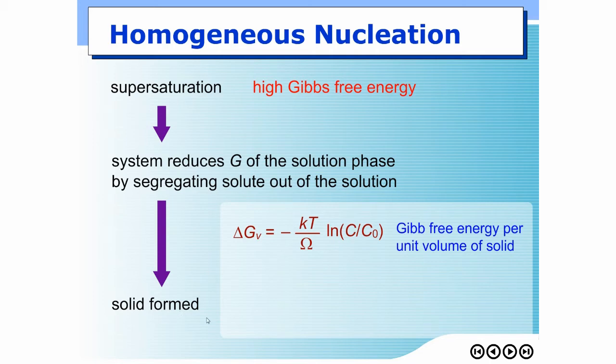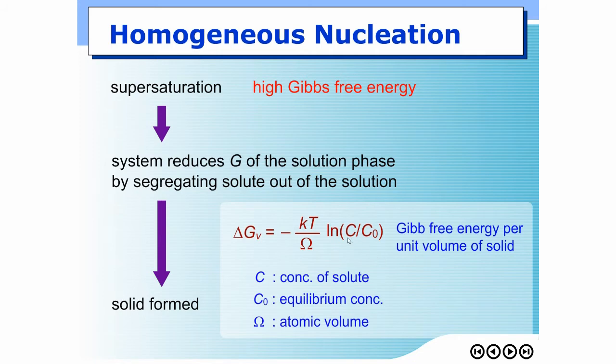Okay? It can be calculated according to this simple equation, where C here is the initial concentration of solute before precipitation, and C0 is the equilibrium concentration, or the solubility.